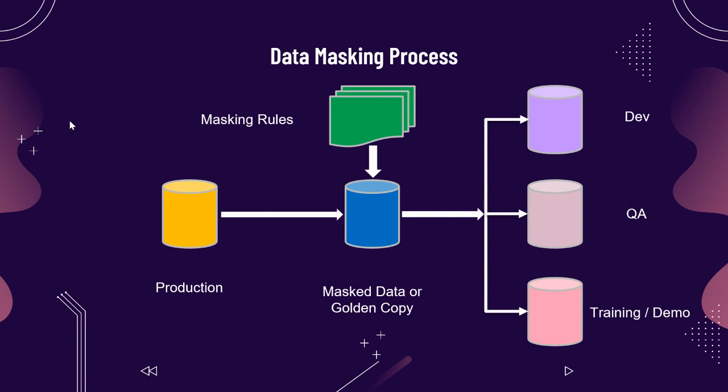QA says yes, this is a problem and it needs to be fixed, and these are the steps. With this particular data set, I'm able to reproduce this issue. Now the developer will load this data set, which is actually masked data, and he is also able to reproduce it. It helps him to debug this. Once this is fixed, he gives the fix for that data set back to QA.